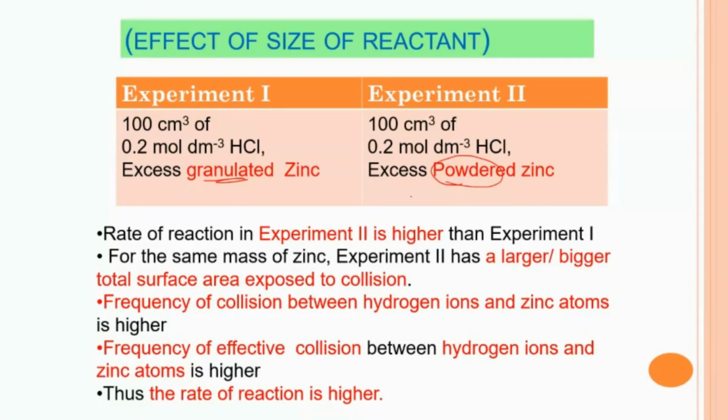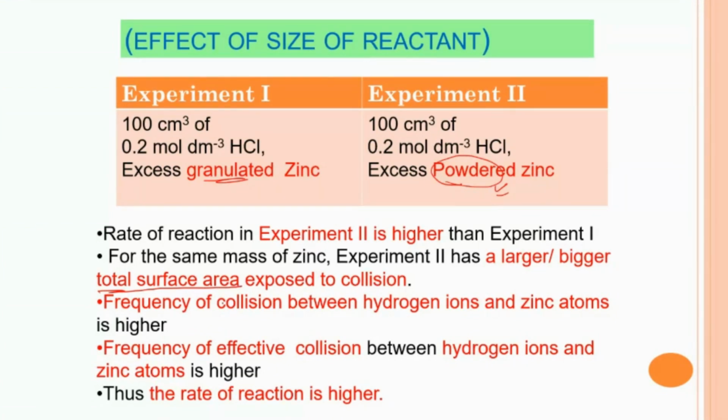So we know that experiment 2 has a higher rate of reaction than experiment 1 because it uses the powder, right? So experiment 2 has a larger total surface area because of smaller size. So bigger total surface area. Total surface area, don't forget, don't just write surface area.